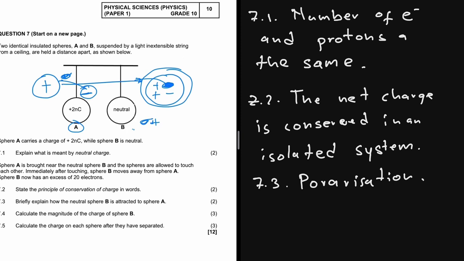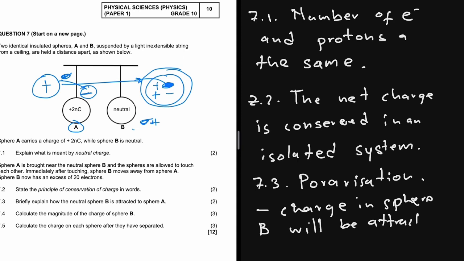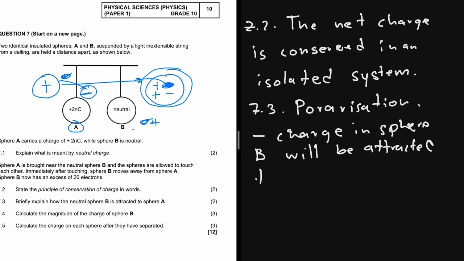So due to polarization, what is going to happen? The negative charge, the electrons in sphere B, will be attracted to charge A. And then the charge of B will be slightly positive, because it's like the negative is moving away from it.